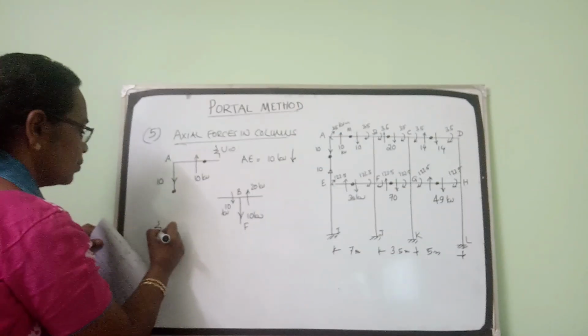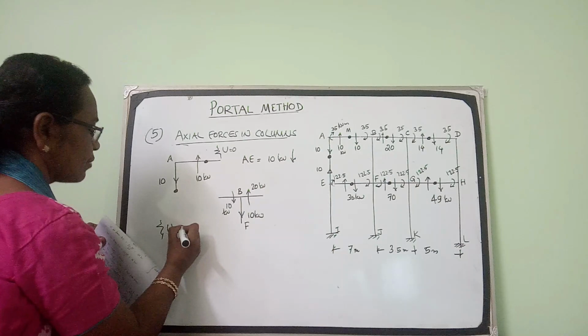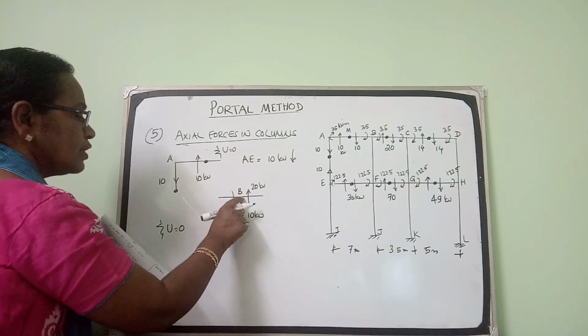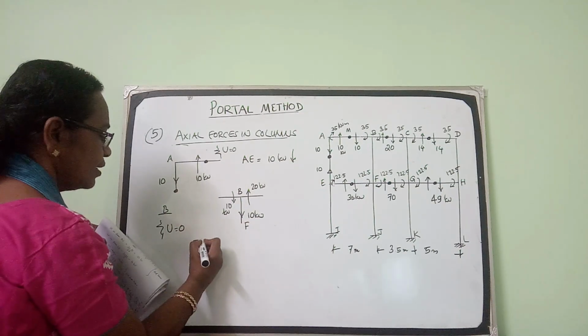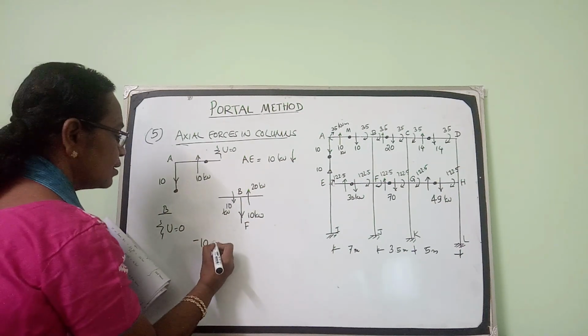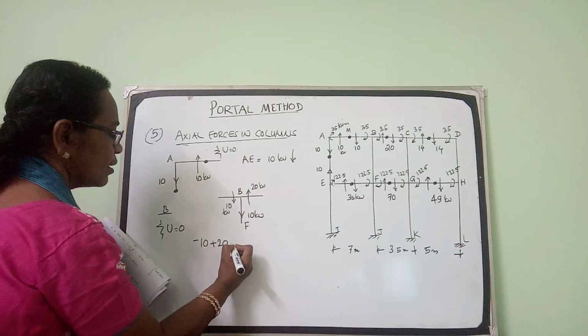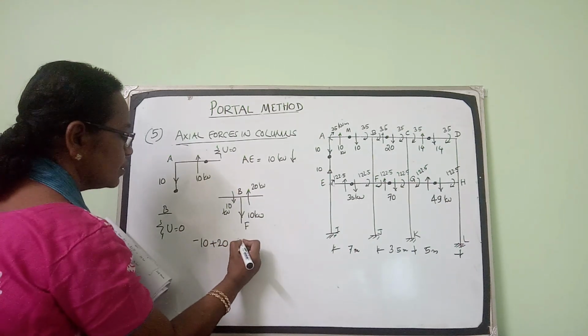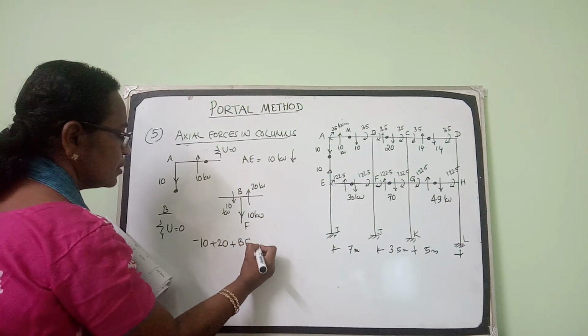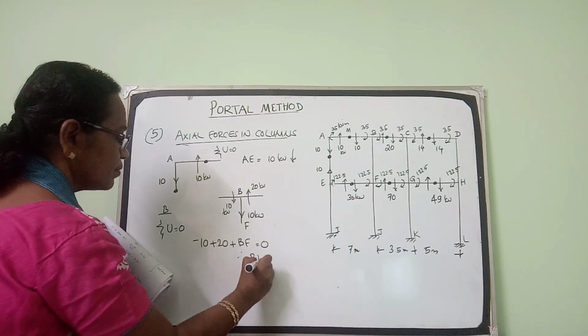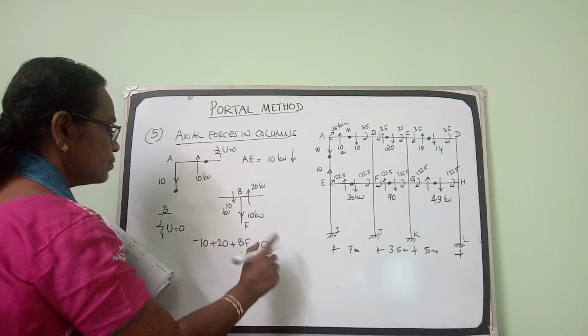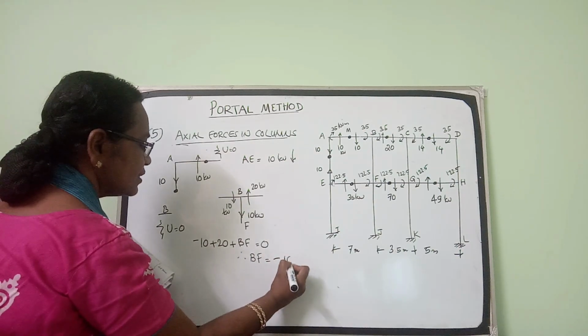Otherwise, if you can't calculate it automatically, you can write down at joint B: minus 10 plus 20 plus force in column BF is equal to 0. Therefore, BF is equal to minus 10.